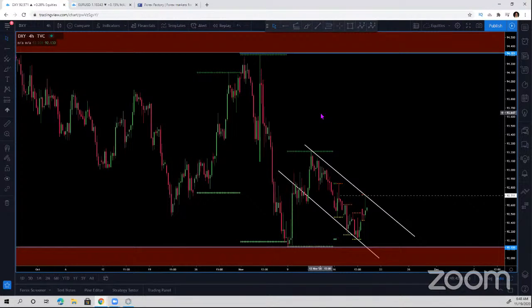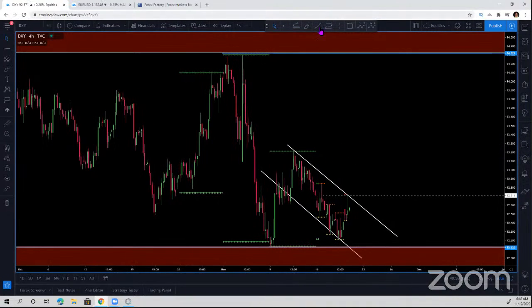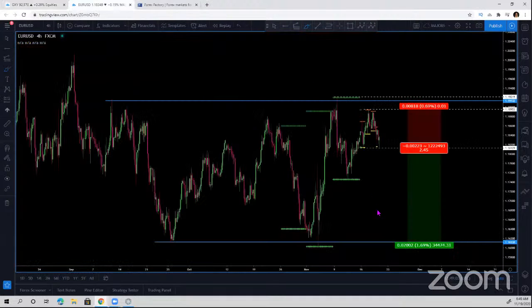That is completely fine as long as we acknowledge it and we trade the plan, right? The plan is the short term strength on the US dollar and paying attention to this level, right? If we reach targets to the downside, we close our trade.